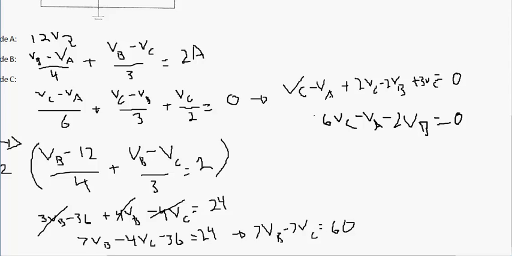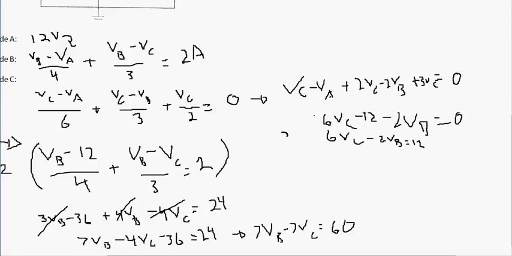Now remember that VA is 12 volts by inspection, so replace this by 12. And 6 VC minus 2 VB equals 12. So here's equation 2.